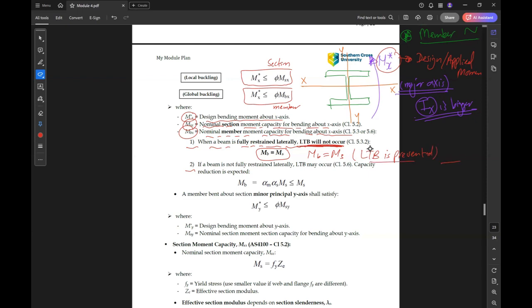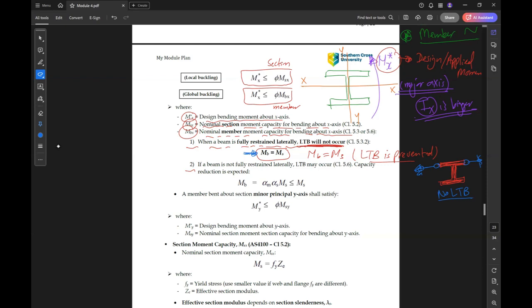Lateral torsion buckling means horizontal displacement, so in some cases you can add supports to the top flange. This means that no lateral torsion buckling could happen, so MB equals MS.